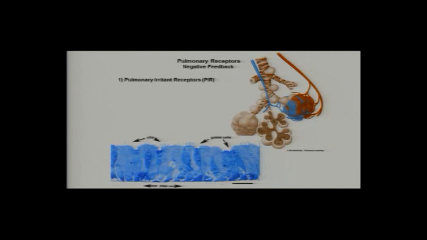Now, when they sense the presence of an inhaled irritant, like ammonia, like smoke, what they do is cause a reflexive bronchoconstriction, and a breathing pattern that looks a little bit like a gasp.